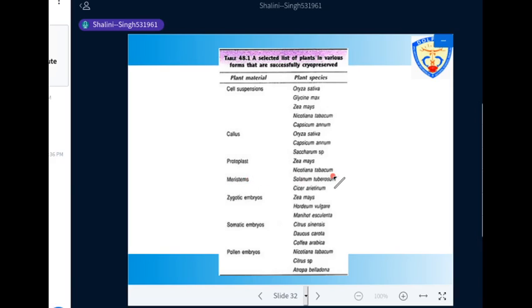Meristem has been used in Solanum tuberosum and Cicer arietinum. Zygotic embryos have been used in Zea mays, Pisum vulgare, and Manihot esculenta. Somatic embryos have been used in Citrus sinensis, Daucus carota, and Coffea arabica. Pollen embryos have been used in Nicotiana, Citrus, and Atropa species.